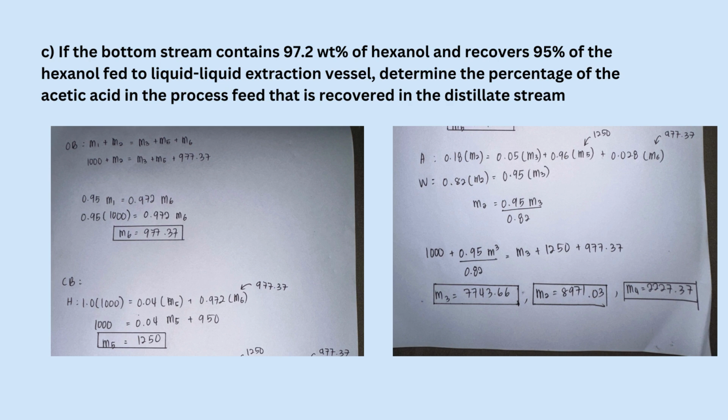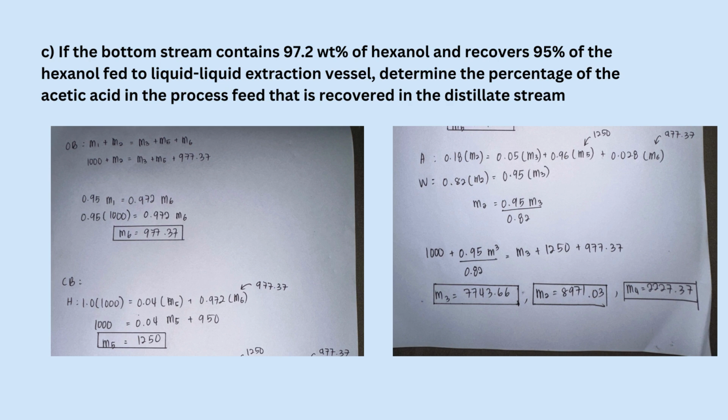And then for the component balance on hexanol, H, we can calculate 1 times 1000 equal to 0.05 times M5 plus 0.972 times M6. We can substitute M6 equal to 977.37 that we got before. So 1000 equal to 0.04 times M5 plus 950. We can get M5 equal to 1250.